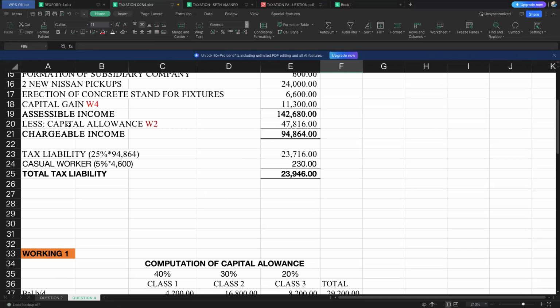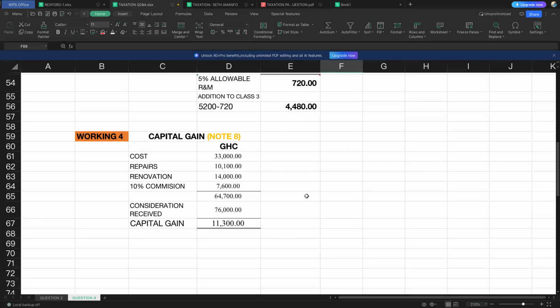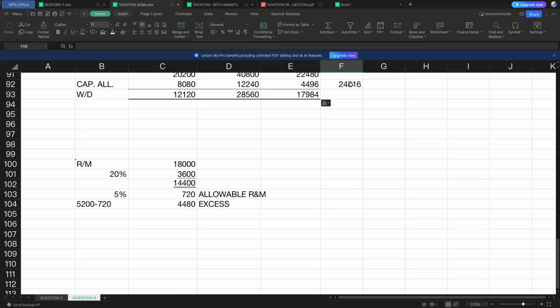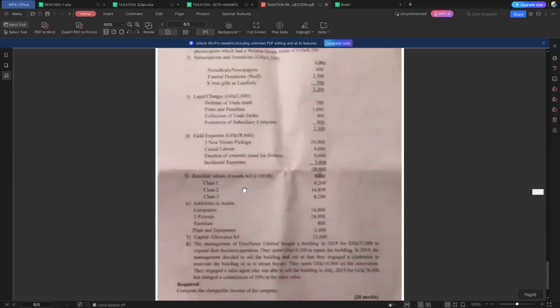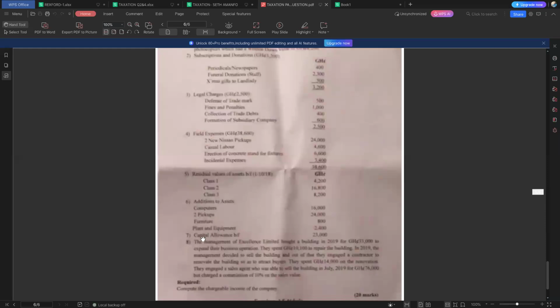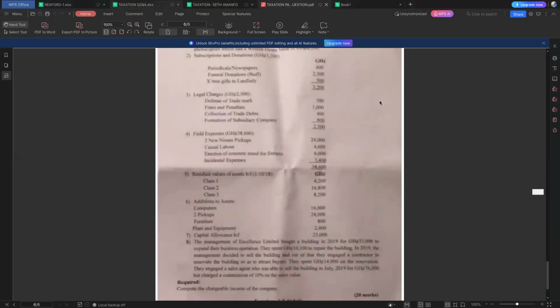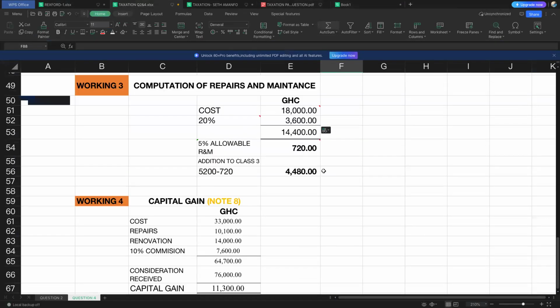Let's look for the capital allowance we use here. We got 24,816 per hour workings, and then per the question we were told that there was a capital allowance brought forward of 23,000.